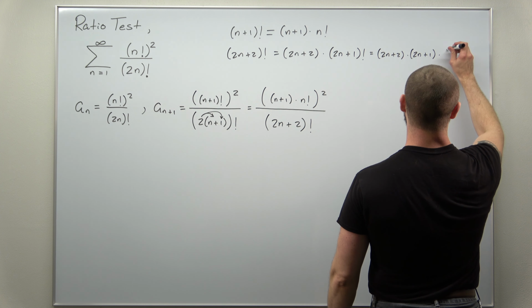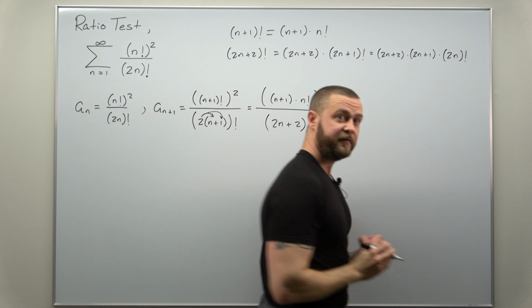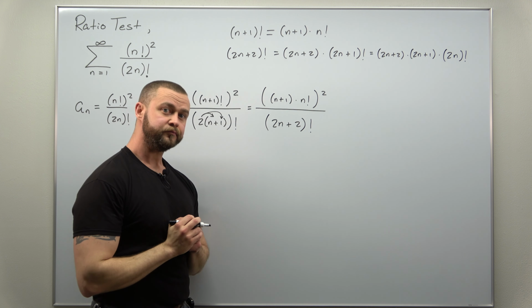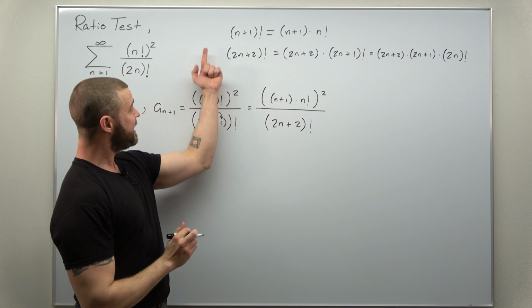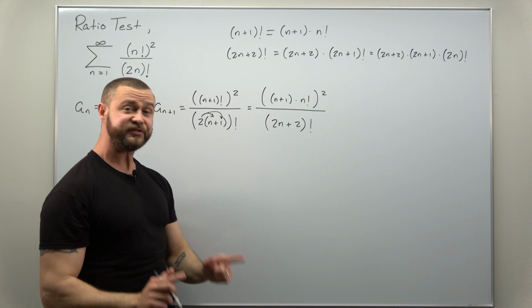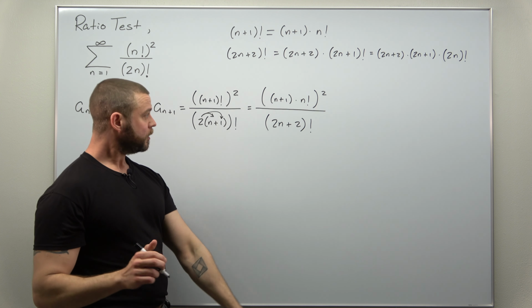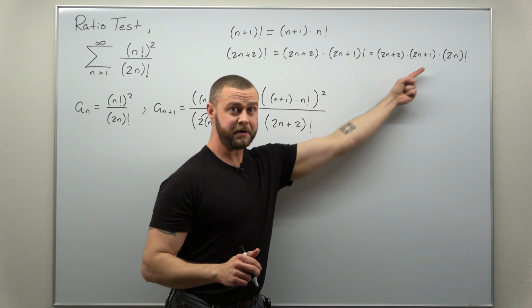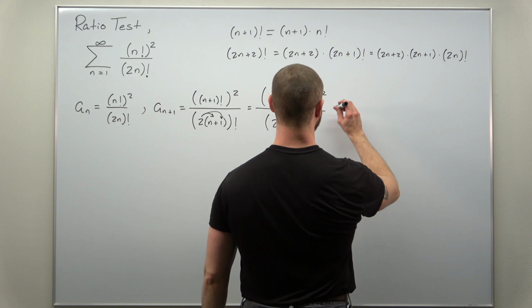So here at the end, we're multiplying by 2n factorial. Now this is not complicated, but you have to understand how this property of factorial works, and that's the key to this problem. So that is the entire denominator here. We've simplified that, so let's go ahead and write that.